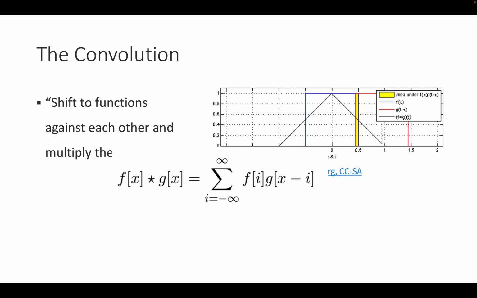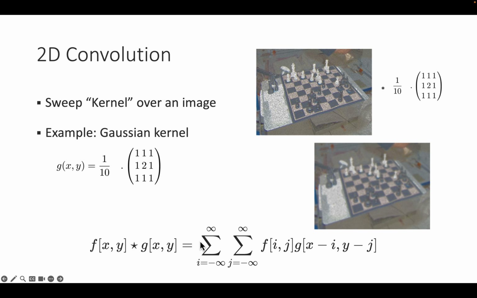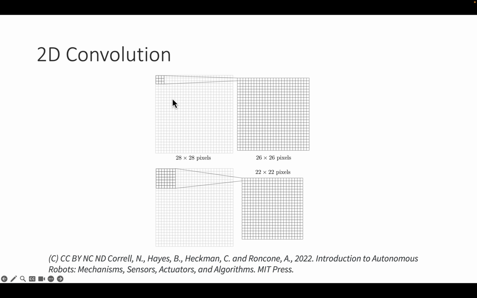Now this is even more complicated in 2D, where this equation looks like this, but actually much simpler to visualize. In this case, I have one function here, which is an image, here 28 by 28 pixels, and the other function is a small kernel of 3 by 3 pixels.